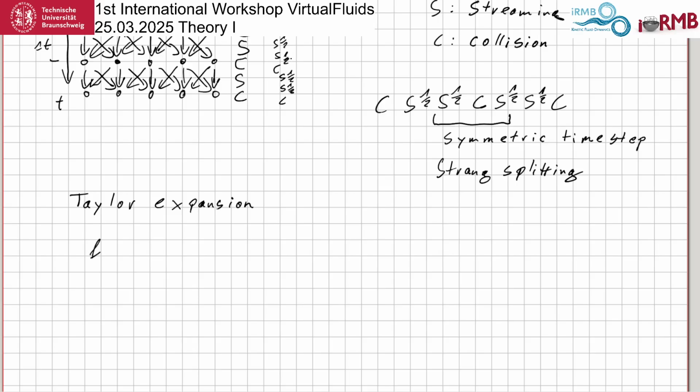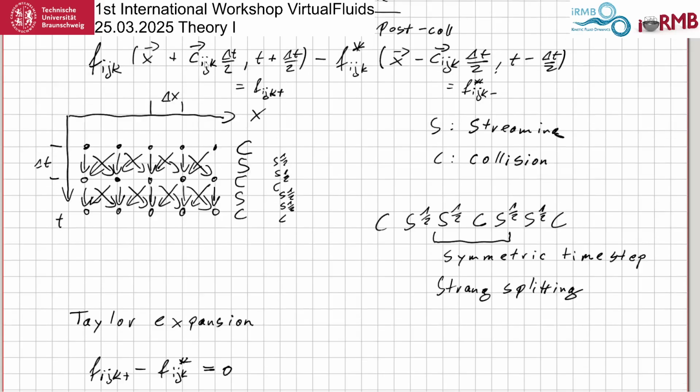So down here I will just Taylor expand this f_ijk minus plus minus f_ijk star, which after collision is equal to 0. So this is what I want to Taylor expand. And you see, if I Taylor expand this, I have to Taylor expand this in space and in time. So I'll get a time derivative and a space derivative. And the step that I'm going is delta t over 2 times c_ijk for space, yeah?